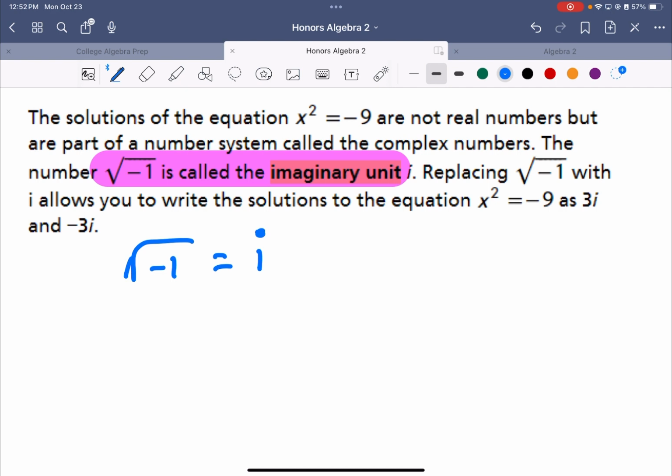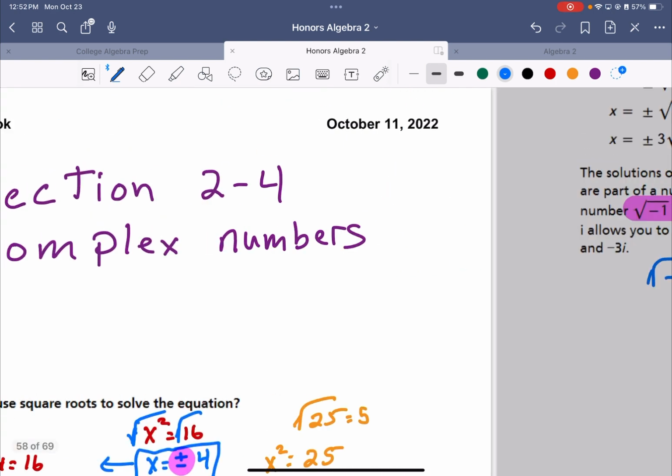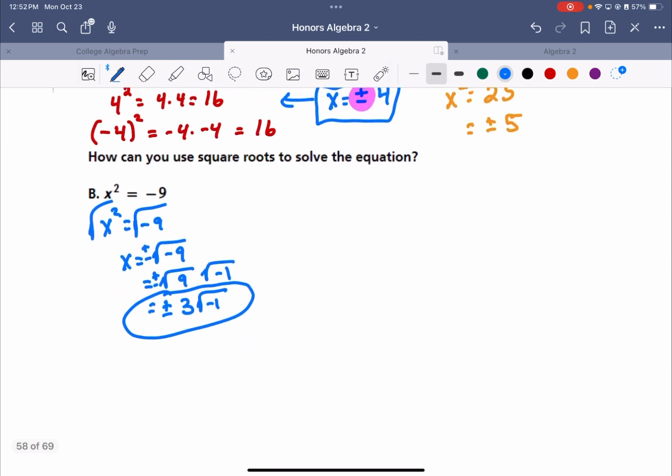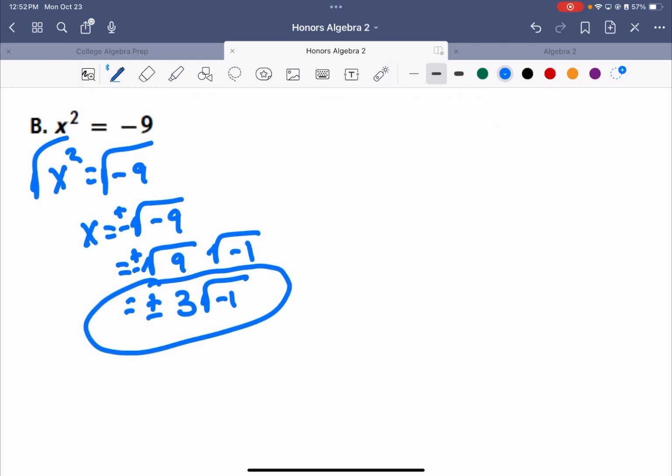So if we go back to that last question that we had, this square root of -9, I've got plus or minus 3 times the square root of -1. We can go ahead now and replace that square root of -1 with an i.